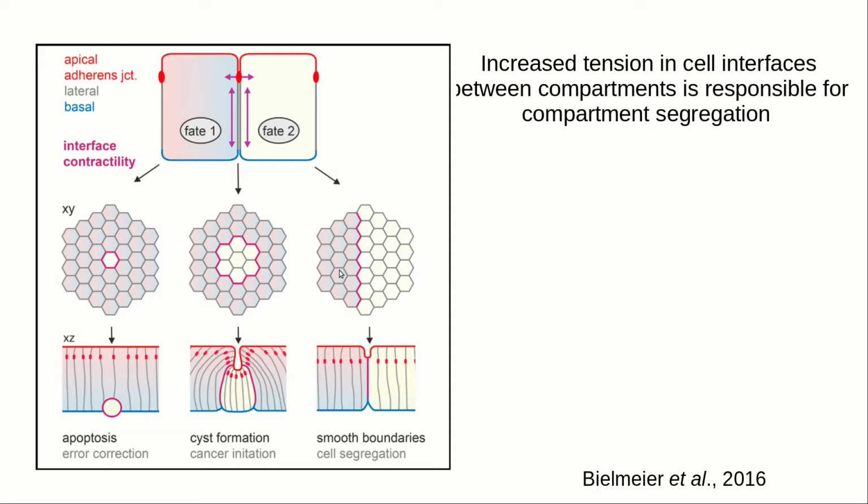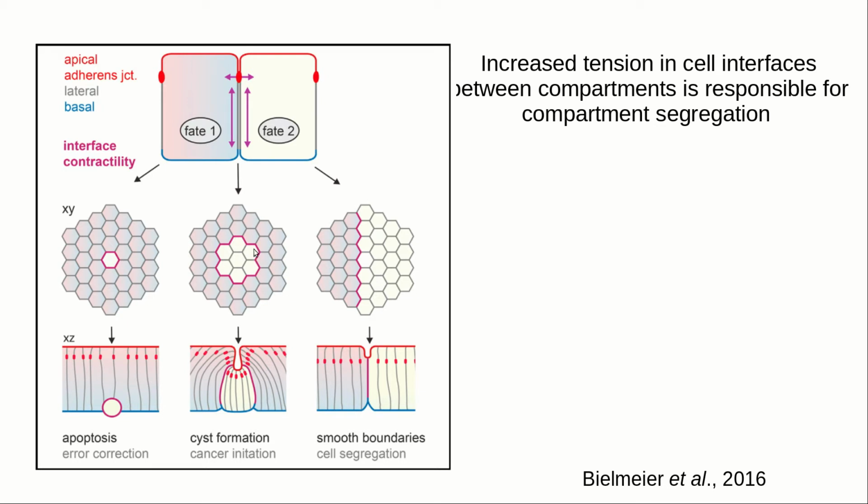The establishment of boundaries is mediated also by differential cell addition, but also because there's a higher tension in border limits. So when cells of different fates are in touch, the borders have an increase in actin expression, and the tension of these borders increases.